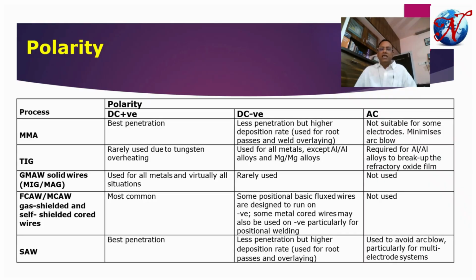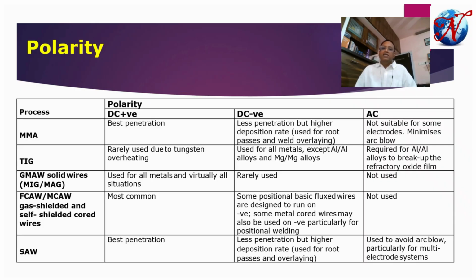Generally, in the TIG welding process, direct current electrode negative is used for all metals except aluminum, magnesium, and magnesium alloys. In the case of aluminum and magnesium, due to the refractory oxide issues, direct current electrode negative is in general not used. But for other metals, like steel and alloying elements, direct current electrode negative is generally preferred.